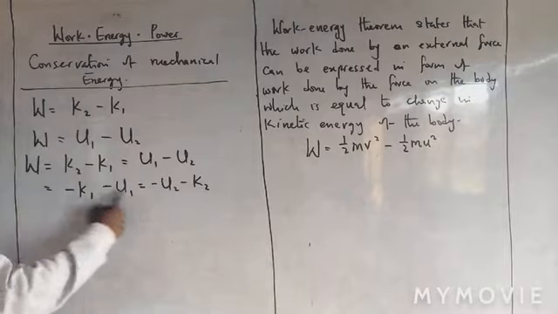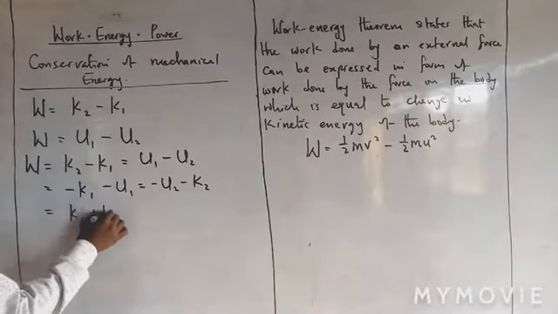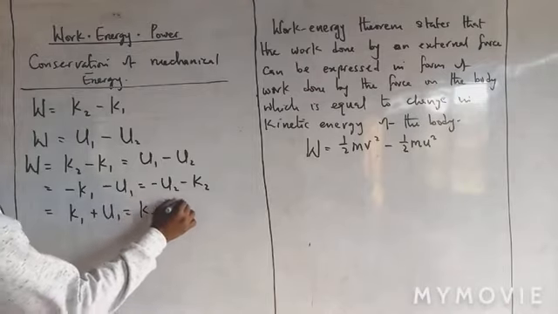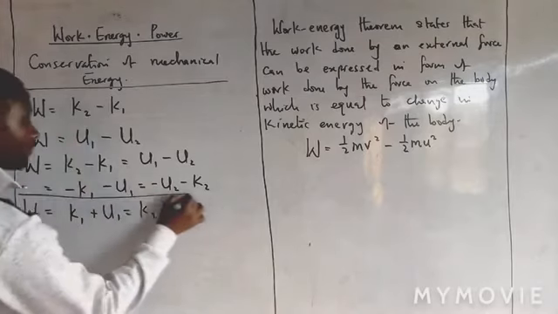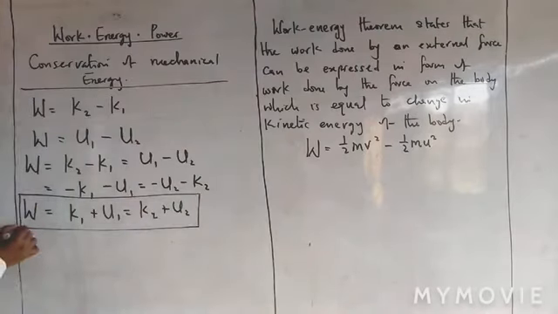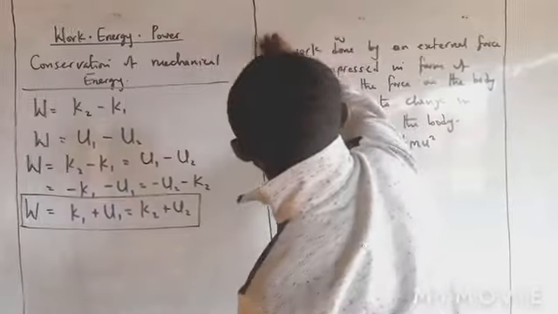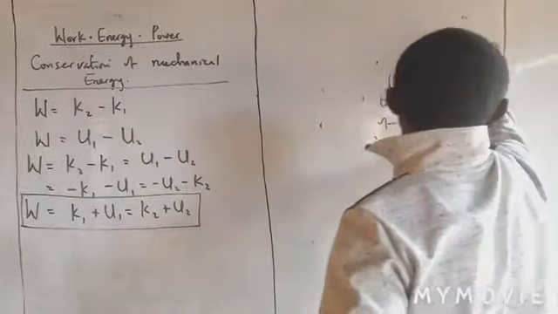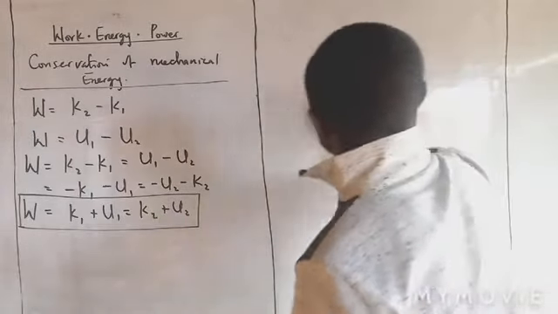When we multiply this by minus 1, we have K1 plus U1 is equal to K2 plus U2. What does this mean in physics? Let's show a diagram for adequate explanation.